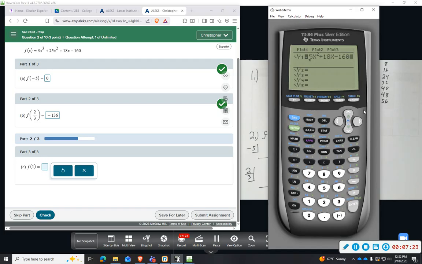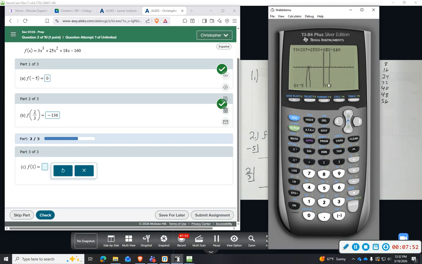If I type this in and I graph, it doesn't matter if I can see the whole graph or not, just as long as whatever I'm using is within the viewing window. Both of these numbers are within the viewing window, and this one as well. Once you graph it, if you hit trace, it will allow you to input x values. So the first one I'm going to do is negative 5.